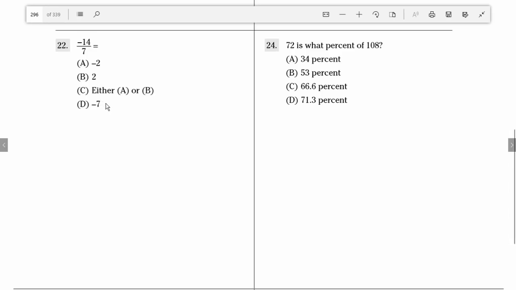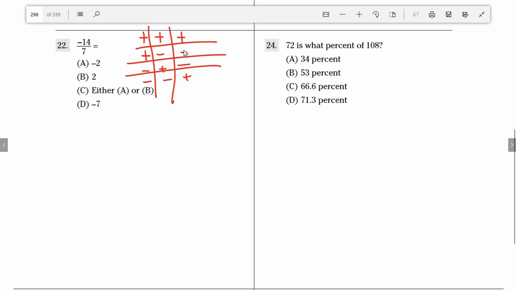Okay, number 22, negative 14 divided by 7. So this is testing your knowledge of the signs chart, which looks like this. Okay, this basically says a positive times a positive will give you a positive, or a positive divided by a positive will give you a positive.